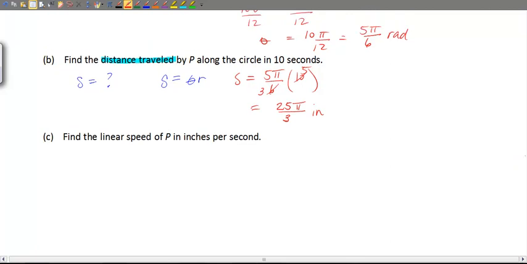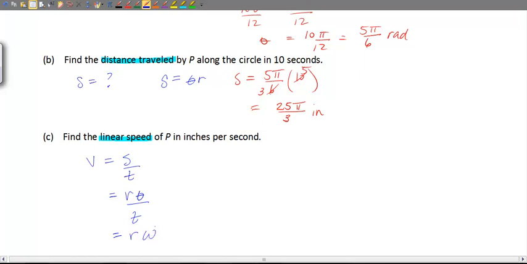Now the last part of this says, what is the linear speed? Linear speed was given by several different formulas. Velocity is equal to S divided by T. It's also equal to R theta divided by T. And finally, it's equal to RW.